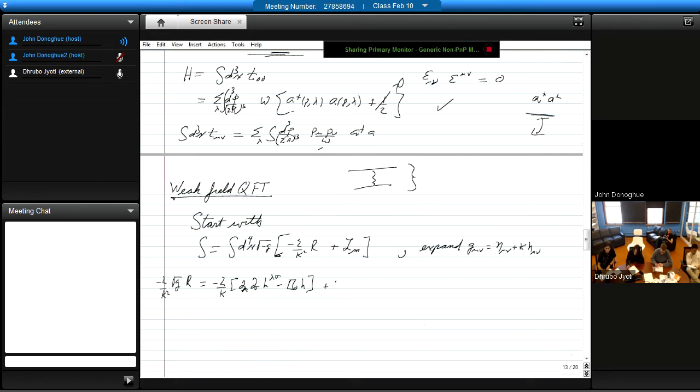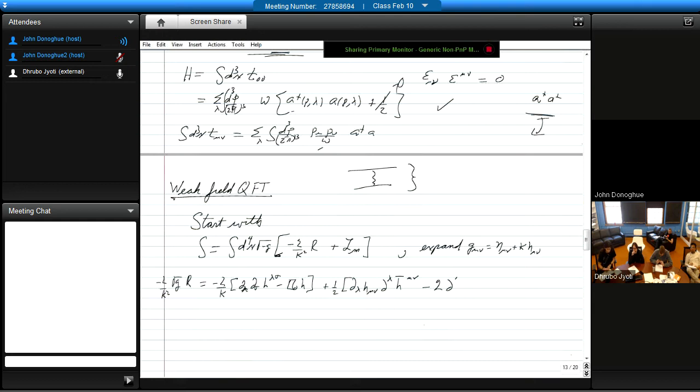And the next order is the following. The next order is the one that takes a little effort. It's 1/2 d lambda h mu nu d lambda h bar mu nu. I'll remind you what that is in just a second.